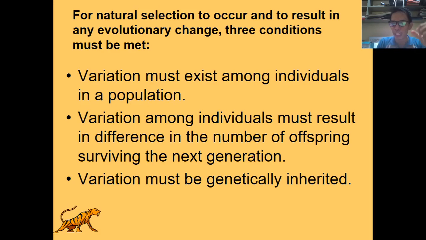So this particular variation that is created upon the environmental changes will be inherited by the offspring in the long run. Okay, so these are the three conditions that Darwin said in order for an evolutionary change in our organism to occur.